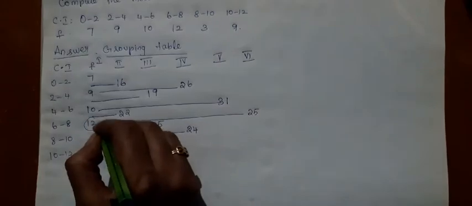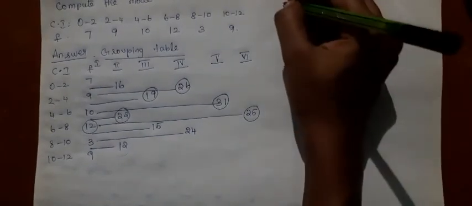Now, identify the maximum value in each column. The biggest value in each column. Highlight it. If you have only one value, that has to be highlighted. This is the maximum value.